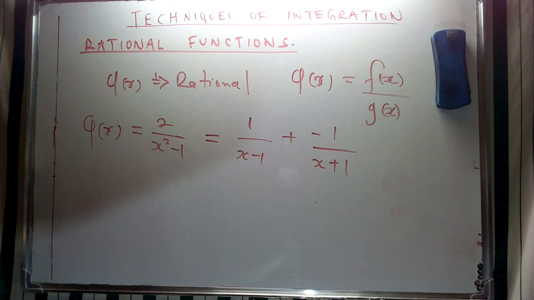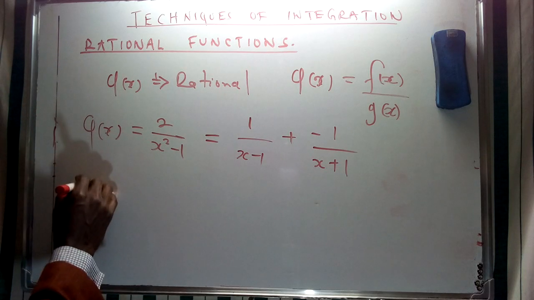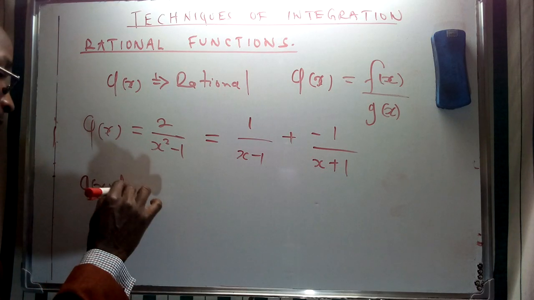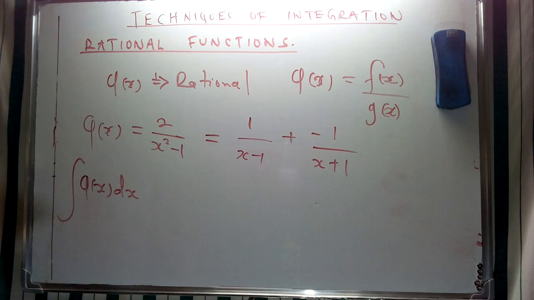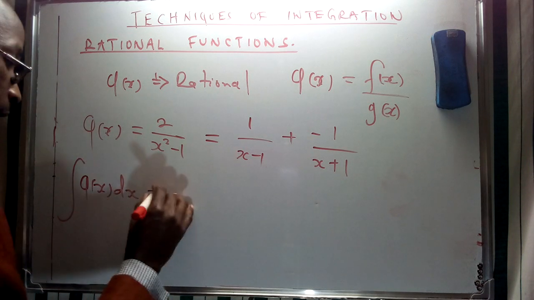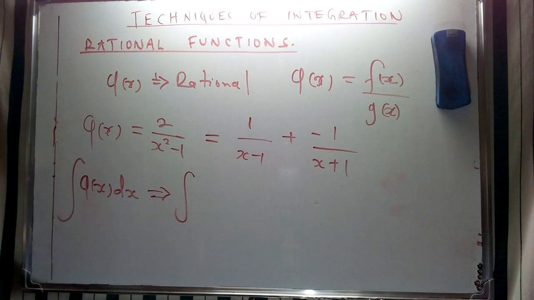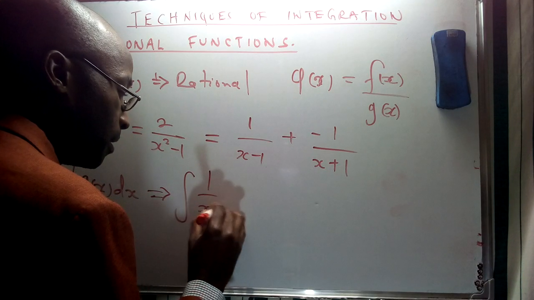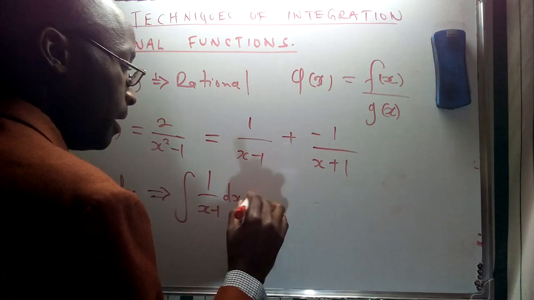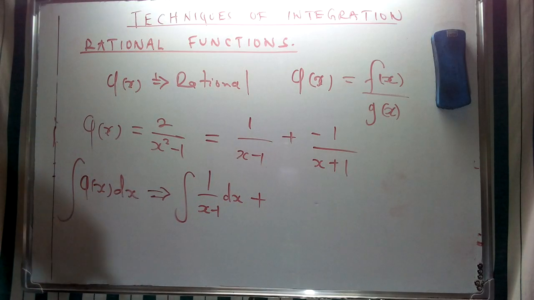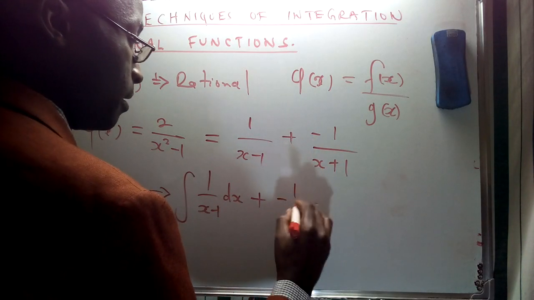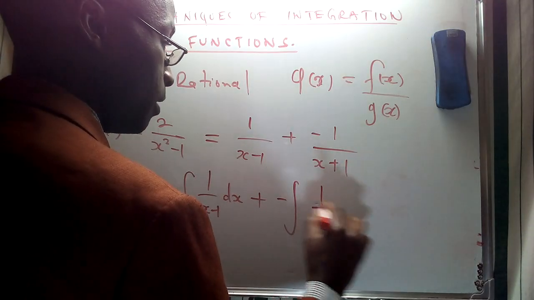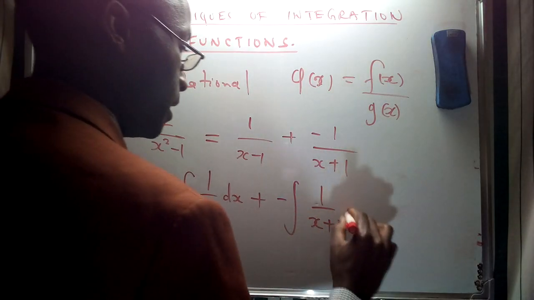And therefore it follows that the integral of this function, which is q of x dx, can be given in terms of the integrals of these partial fractions, thereby implying the integral of 1 over x minus 1 dx, and then minus the integral of 1 over x plus 1 dx given as such.